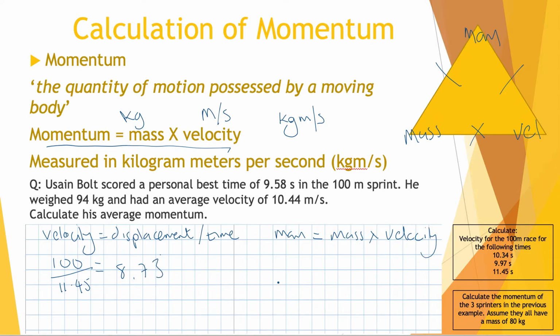To calculate their momentum then, they had a mass of 80 kilograms times the velocity 8.73, means their momentum is 698.6 kilogram meters per second. Okay, so that's the worked examples on your preview reading for velocity and for momentum.